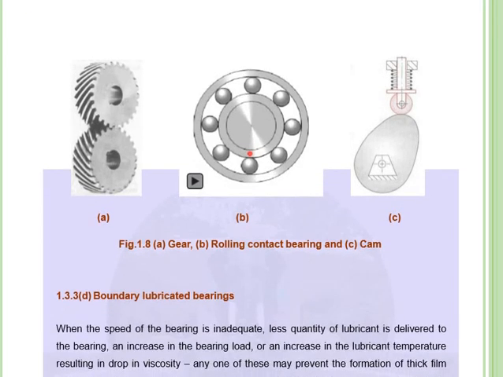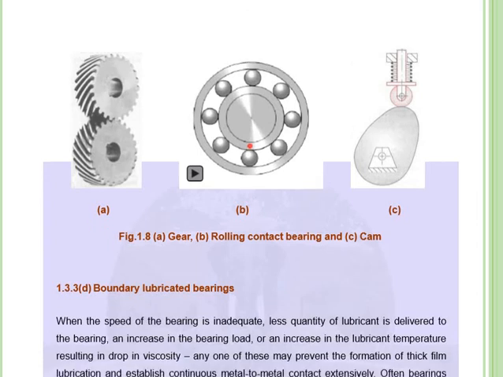Between the two gears we have to lubricate, otherwise friction will develop and the gears will be damaged. And then rolling contact bearings, inside of which balls are arranged. That's why it is called a rolling contact bearing. Another one is the cam, which I showed over there, the camshaft in an IC engine.